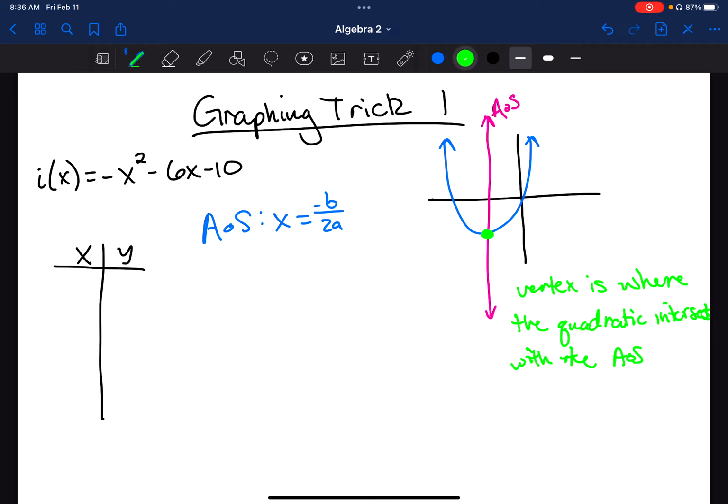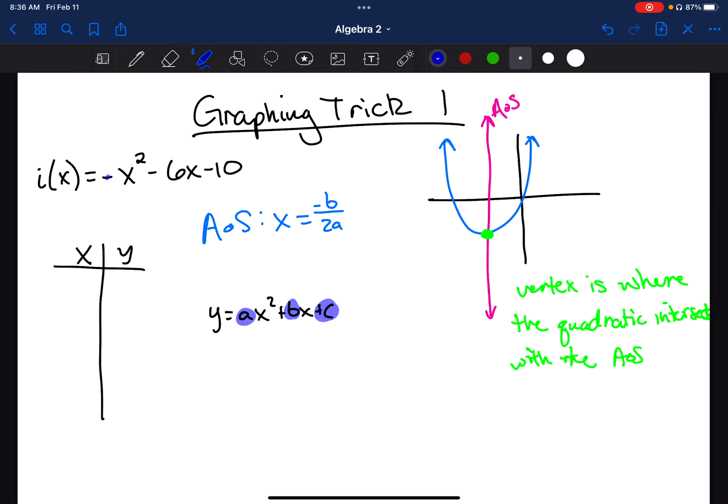Well, maybe it's important to go, okay, what are the a, b, and c values? So a standard form quadratic is y equals ax squared plus bx plus c. The a, b, and c values are only the numbers out front. It's only the number, not the x.